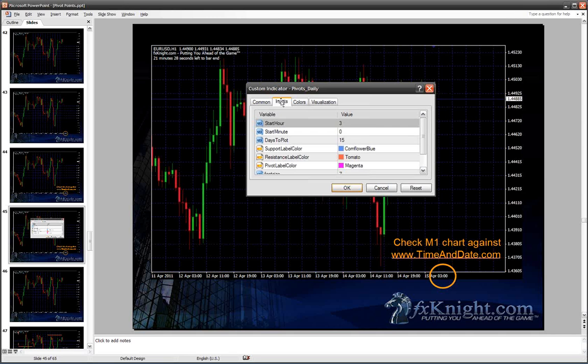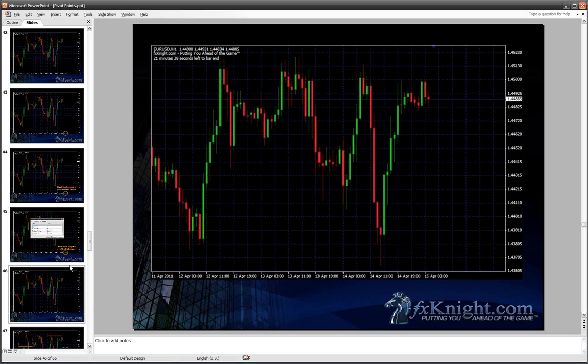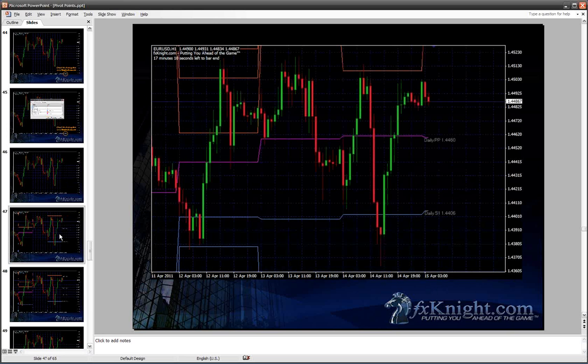You find that by right-clicking on any of the pivot lines after you plot your pivots, going to Properties, and it's the second tab over called Inputs. To change the value, you double-click in it. That's all you've got to change to calibrate your pivots. Click OK, and you're good to go. Okay, so here's first the pivots plotted.